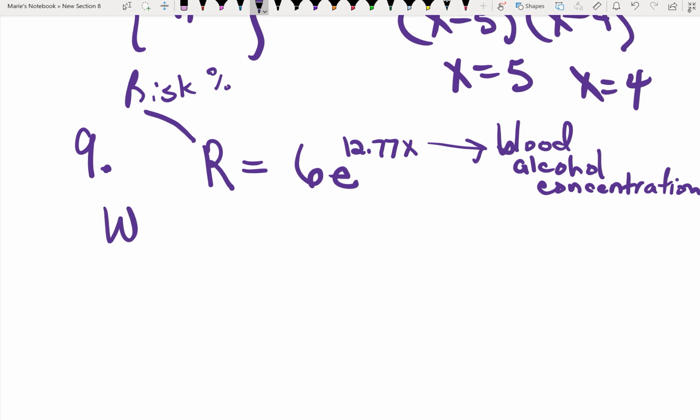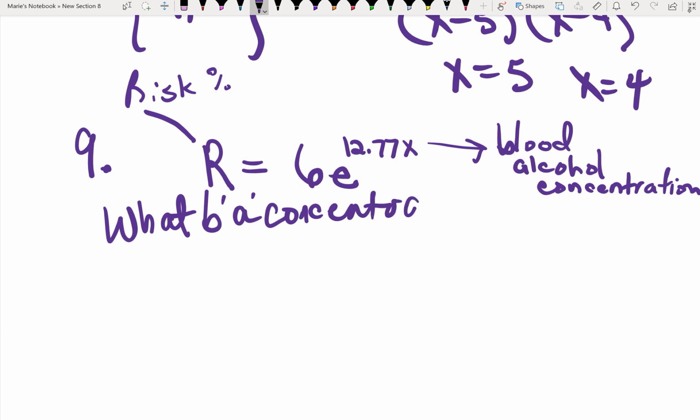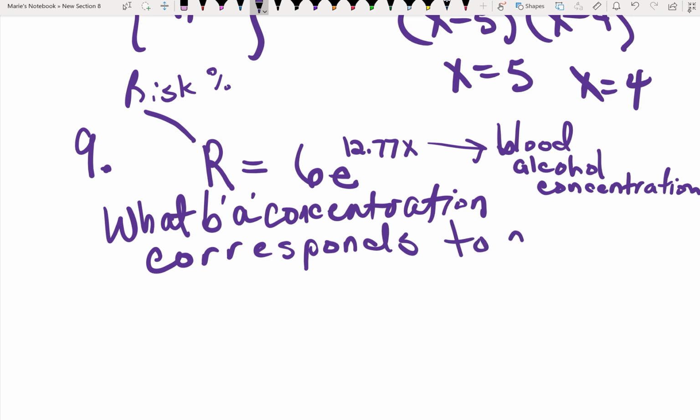The question says what blood alcohol concentration corresponds to a 17% risk of a car accident.